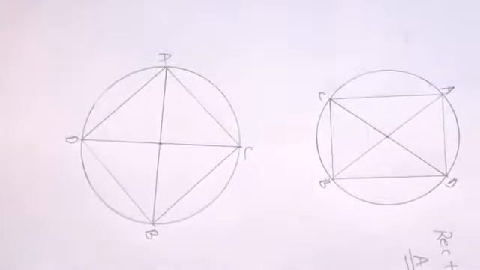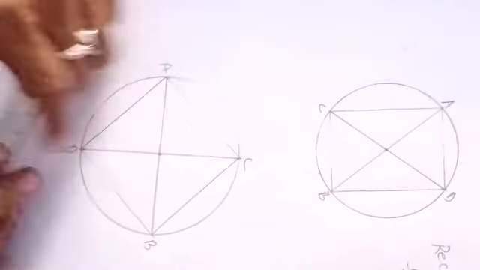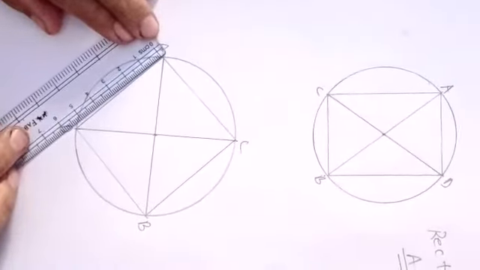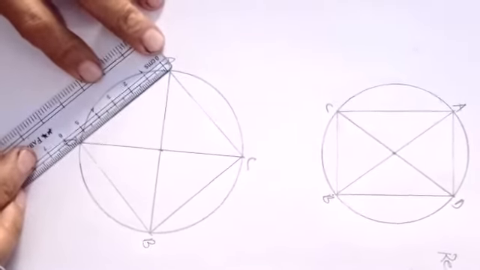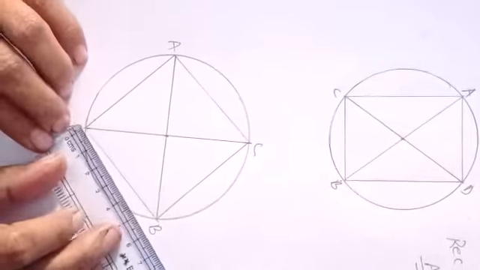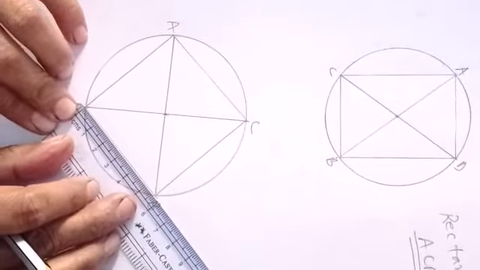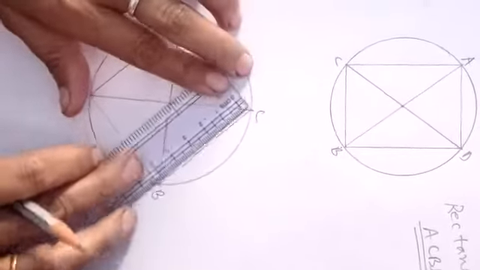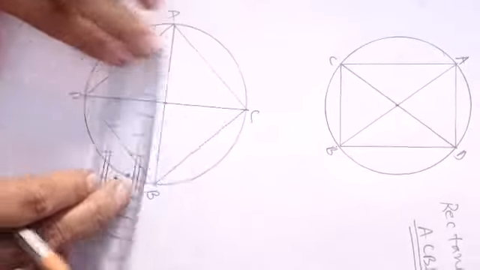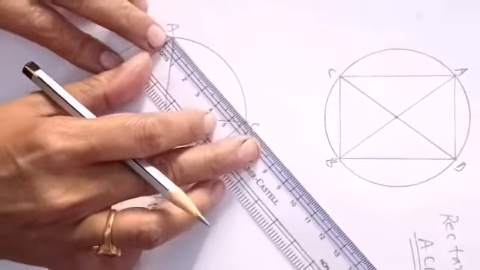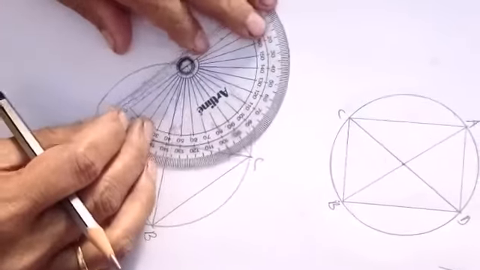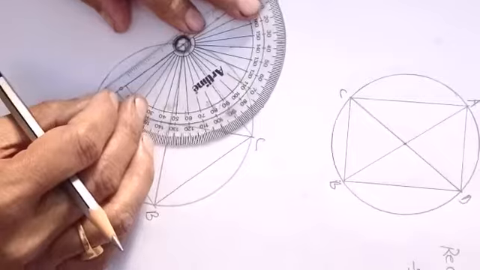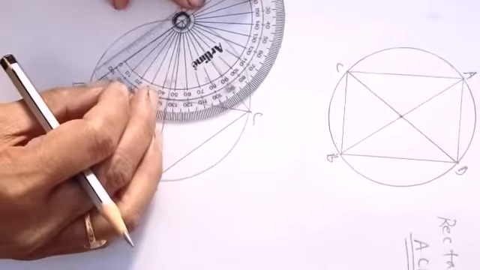Now in this question, if you measure the sides, what will you get? If you measure this one here, yes, I am getting 5.5. This one is again 5.5. This one, yes, it is also 5.5. This one also 5.5. Now if I measure the angles, what are we getting?